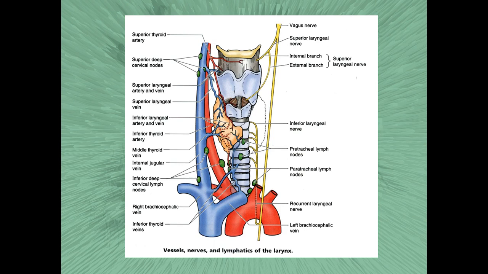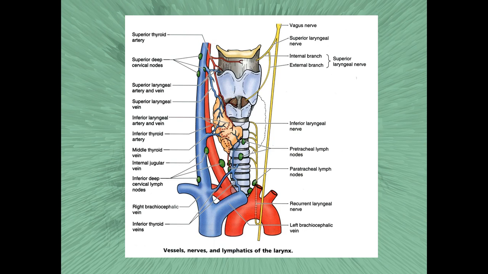Lymphatic drainage is provided by the lymphatic capillaries forming the superficial network in the superficial layer of the thyroid gland, just deep to the fibrous capsule, and the deep capillary network is formed in the parenchyma of the thyroid gland.